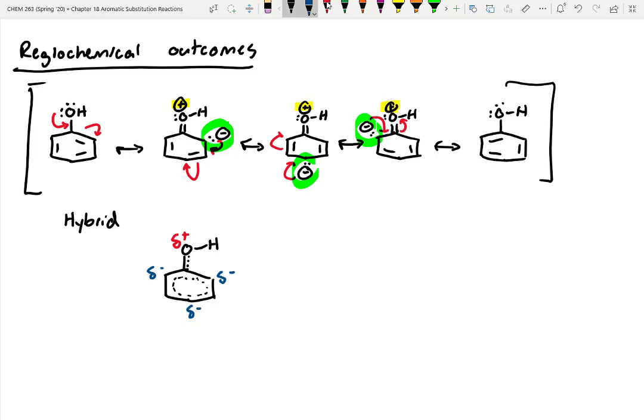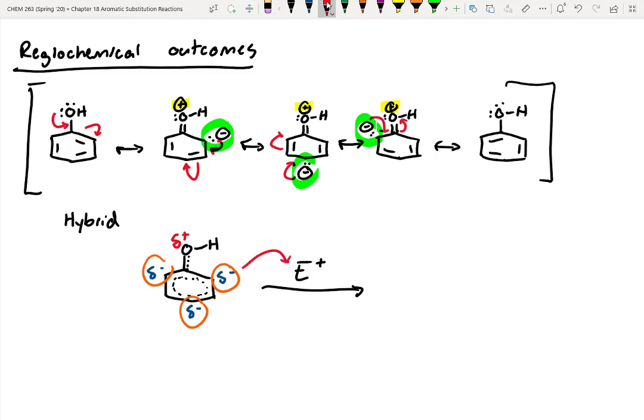All right, so we've got this hybrid view that we can look at, and we can ask ourselves, if you're thinking about this reaction where this is going to react with an electrophile, which carbons do you think are more likely to react with the electrophile? Well, it seems quite clear that these partial negatives are going to be really attracted to the positive charge on the electrophile.